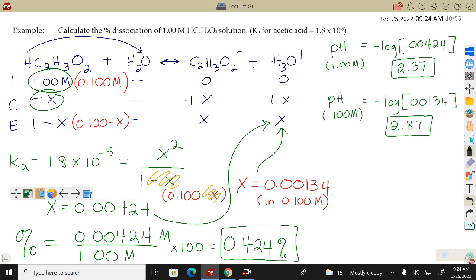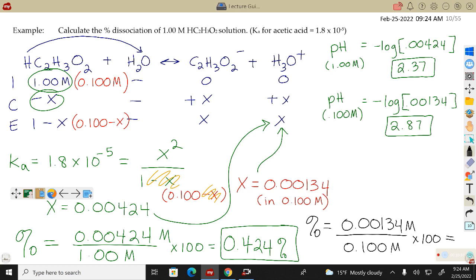What if I do the percent ionization? I'm going to take my X value, 0.00134 divided by the initial concentration, 0.1, those are molarities, times 100 to make it a percent.